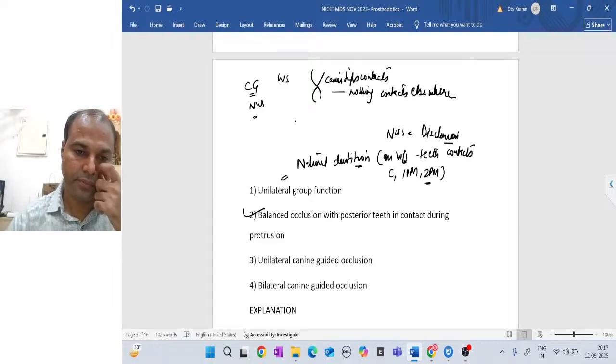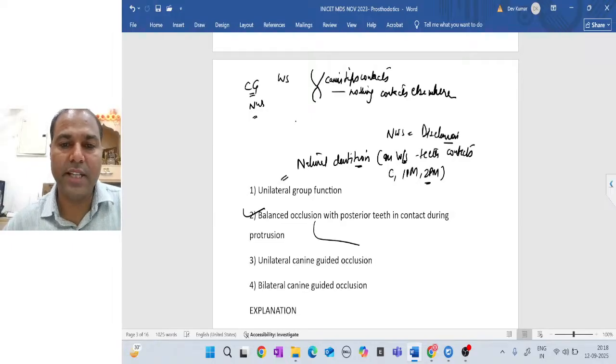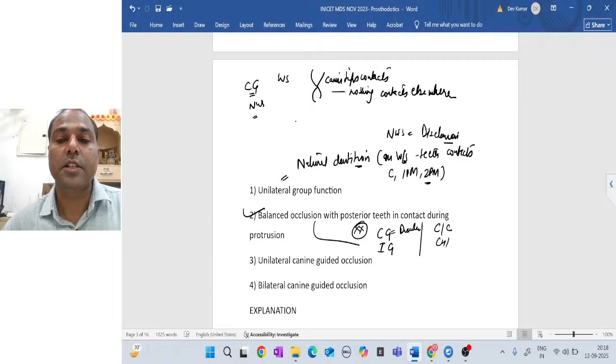Okay, clear? So let me tell you a little more. In balanced occlusion we have condylar guidance and incisal guidance on one side, that are enemies of balanced occlusion, that will create disocclusion, and we have friends of balanced occlusion that will help in maintaining contact, that is compensatory curves, cuspal height and angulation, and plane of orientation or plane of occlusion.